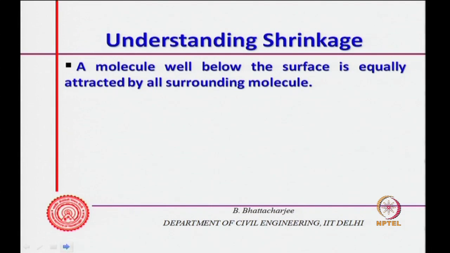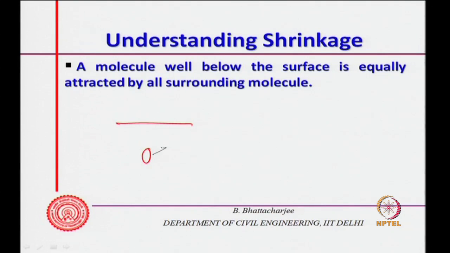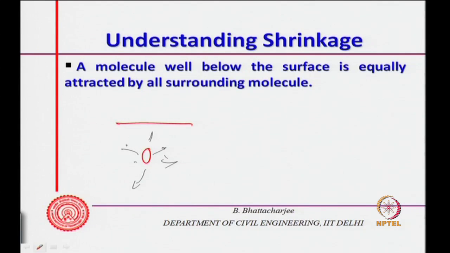Now let us look at this. If you look at the surface tension properties for the gel, it is the same thing, similar to a liquid. A molecule well below the surface is equally attracted by all surrounding molecules. But the one up there, at the surface, will be attracted only downward; upward there is no force.